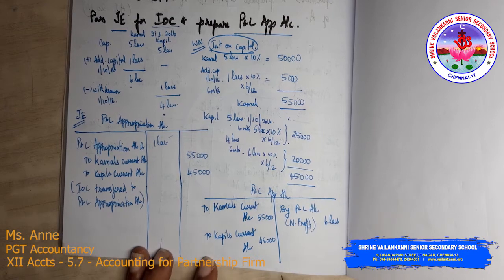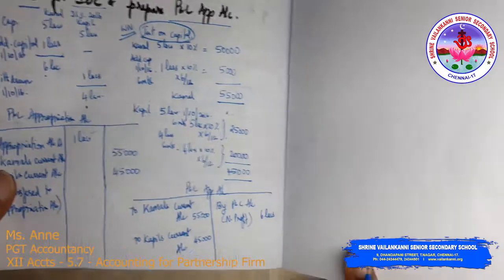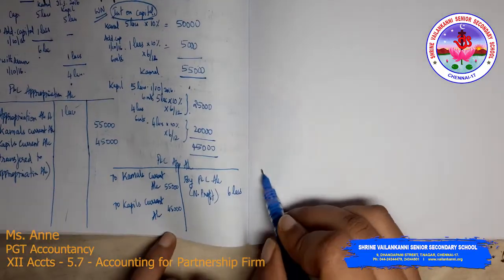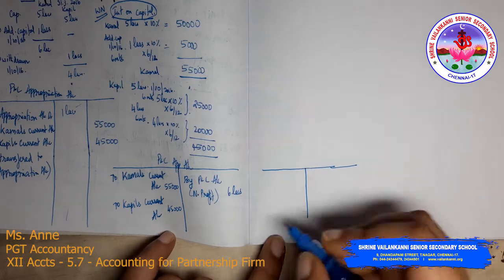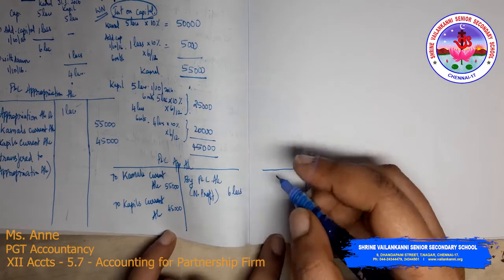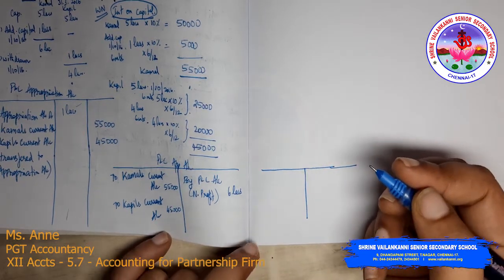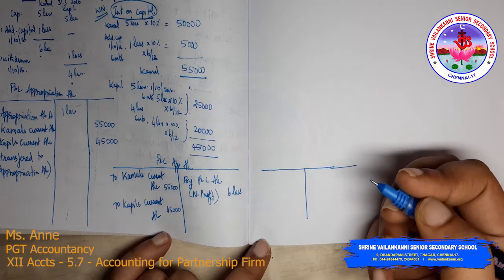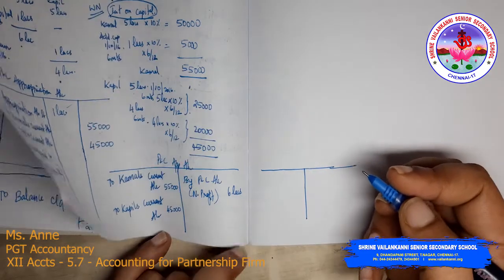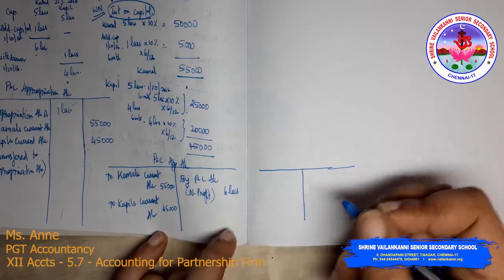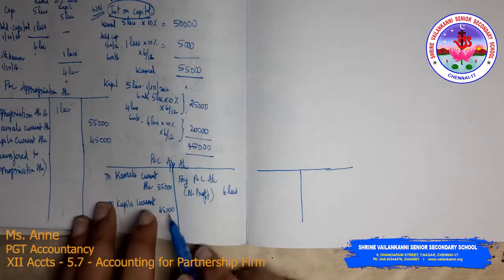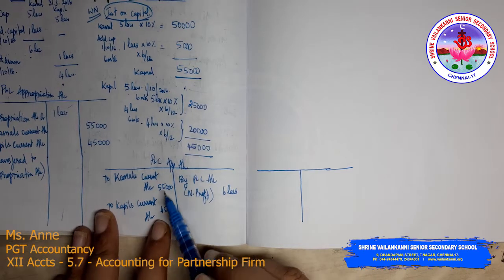Whatever is the remaining will be apportioned. Whatever is the remaining, we have to share it in the profit sharing ratio. Since the profit sharing ratio is not given in the question, we will share it equally. So this will be 5 lakhs that is remaining, because 6 lakhs minus 1 lakh, the total of this, is 5 lakhs.